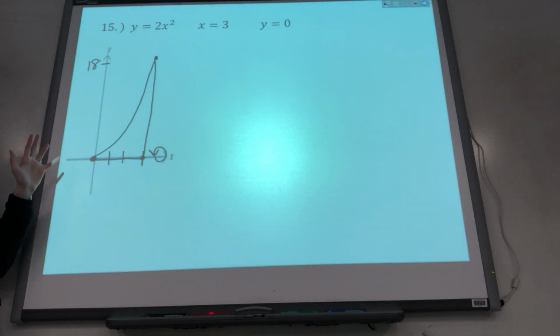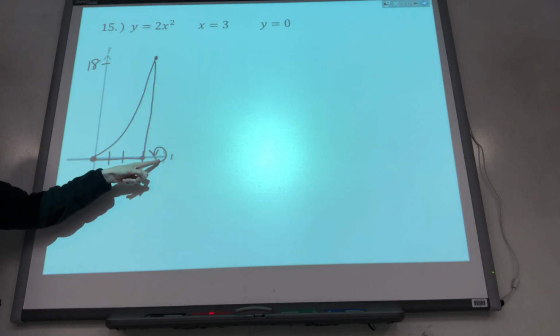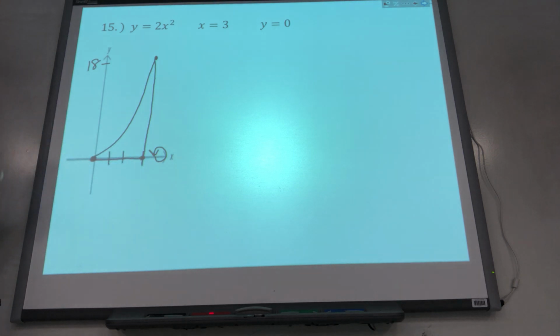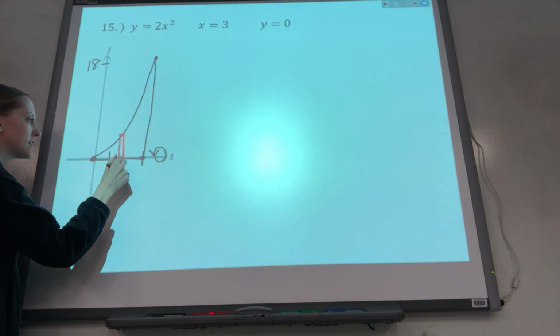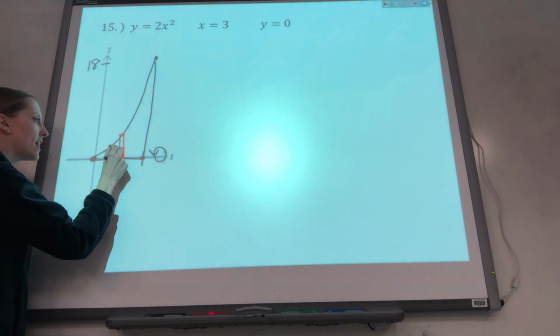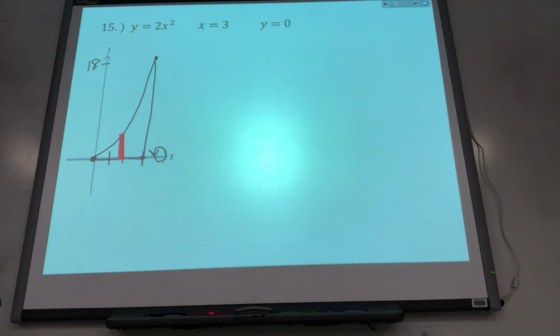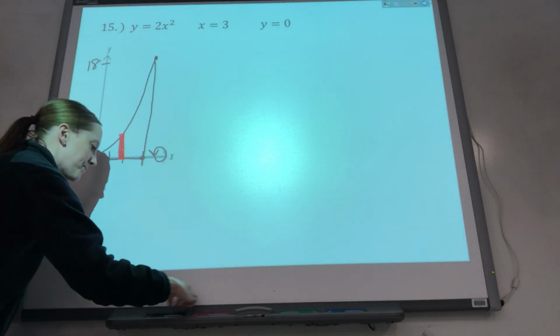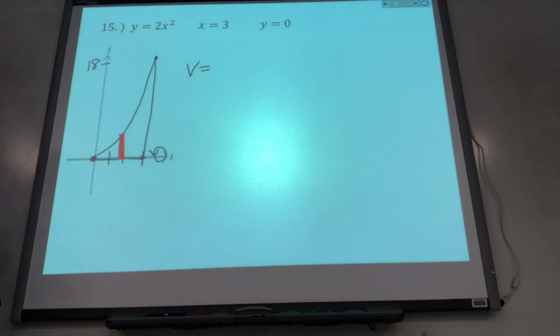Now with the disk/washer method, should the rectangle be parallel or perpendicular to that? Perpendicular, yeah. So since our axis is going horizontally, I'm going to draw my rectangle more vertically. Okay, next question, do I want pi or 2 pi?